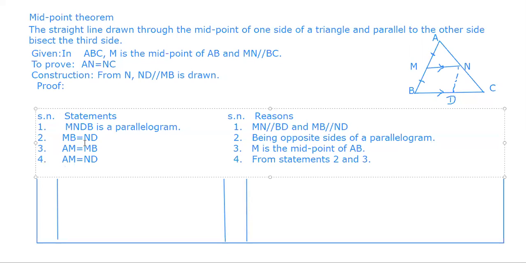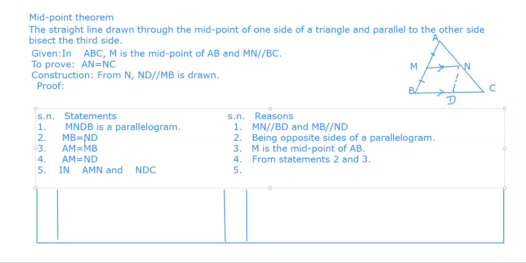Now let's prove AMN and NDC are congruent. In triangle AMN and triangle NDC, how can we prove they are congruent?